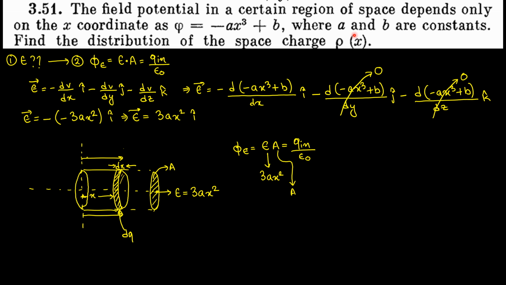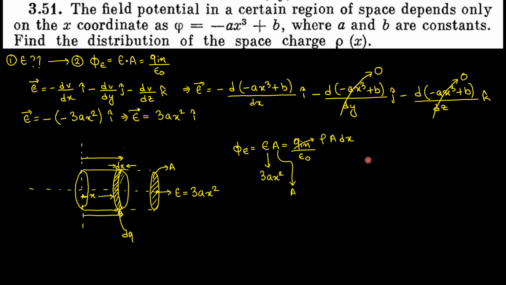Dq is nothing but volumetric charge density into volume. And what is the volume of this elemental disk? The area into thickness. So Q inside is volumetric charge density into area into thickness, so rho into A dx.